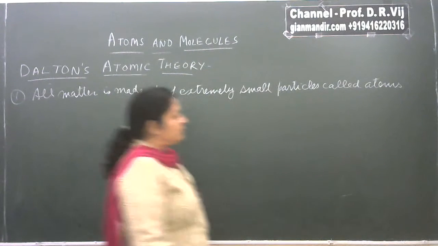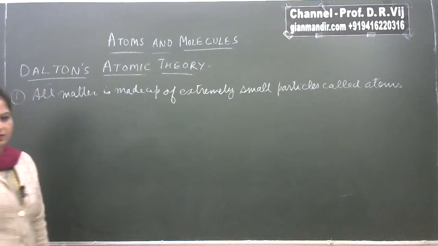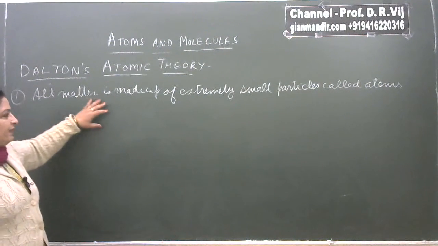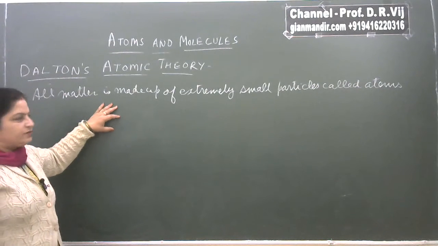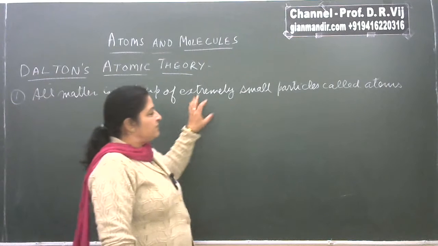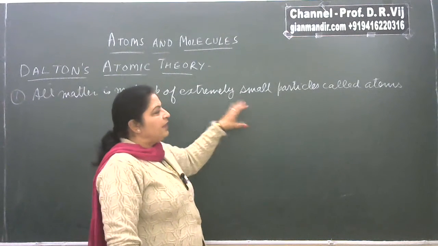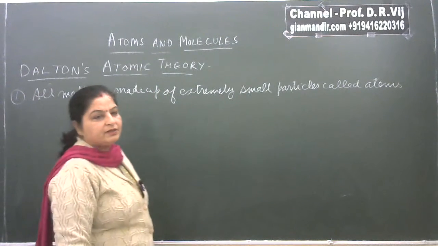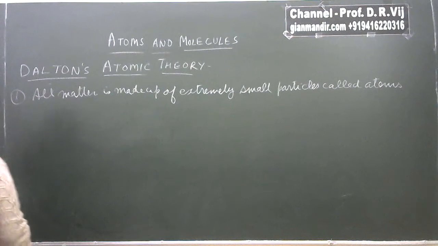So the first postulate of Dalton's atomic theory tells us that every matter which we see around us is made up of some very tiny, extremely tiny particles, and these particles are known as atoms, right?